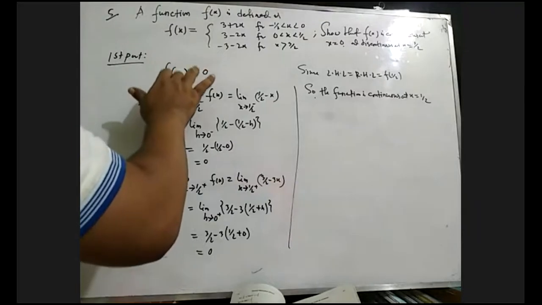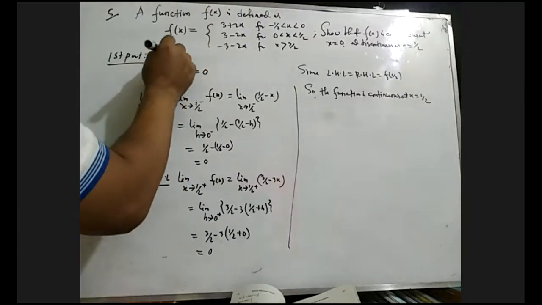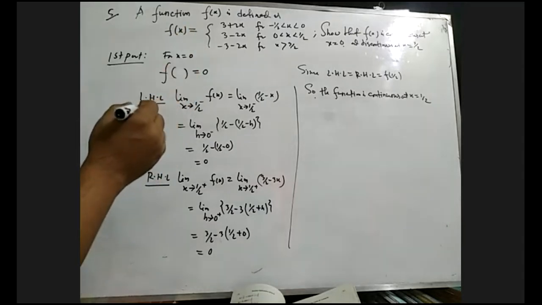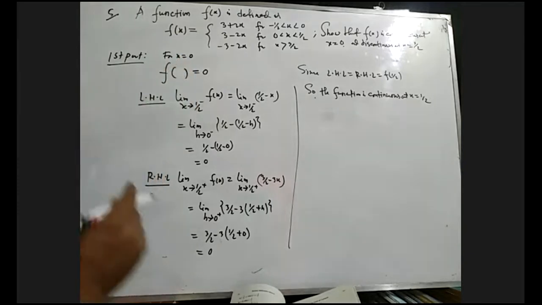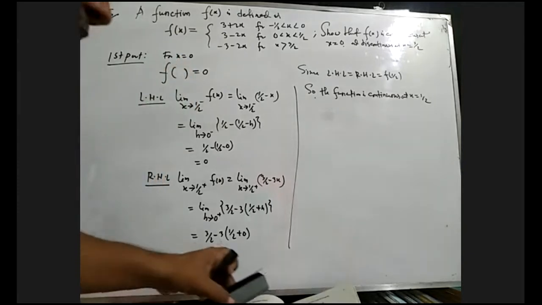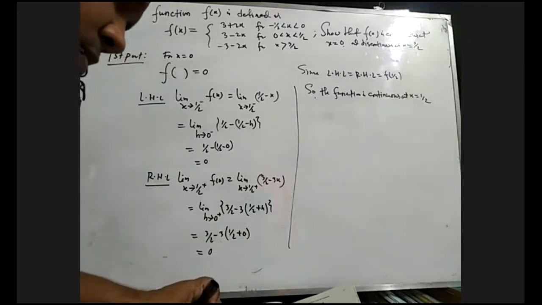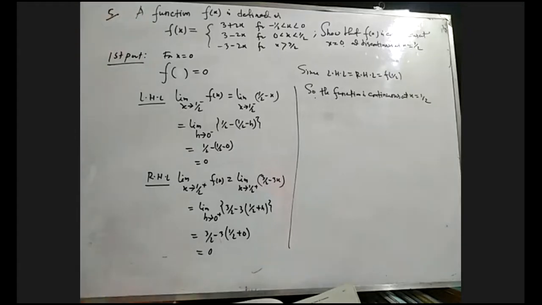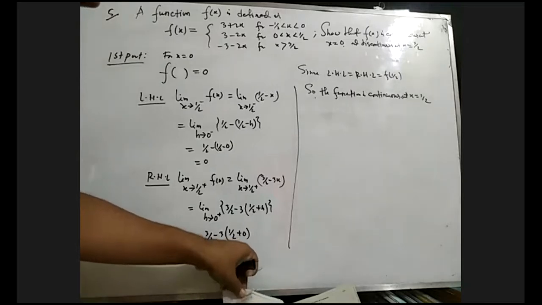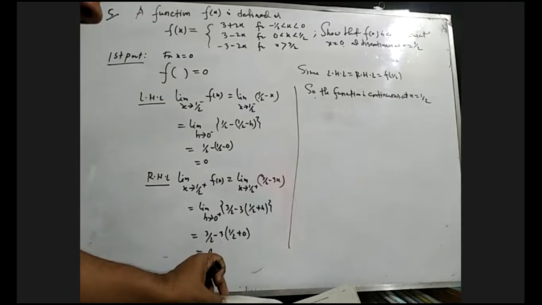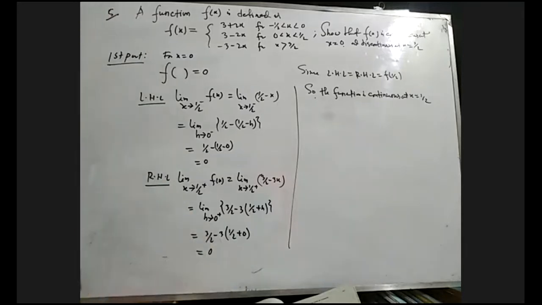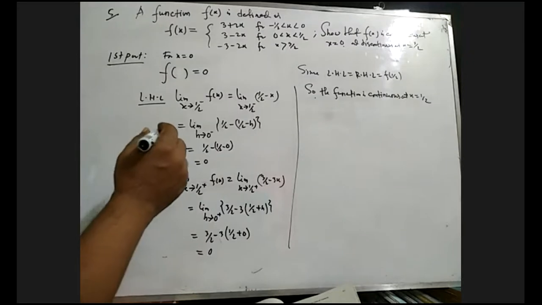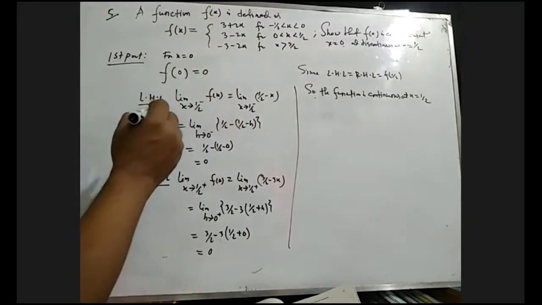So first of all, for x equals to 0, first part, at x equals to 0, f of x equals to what?